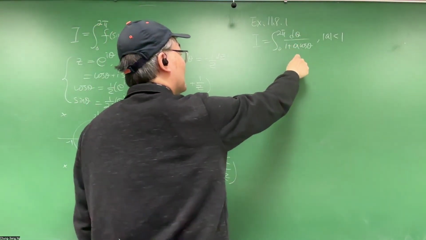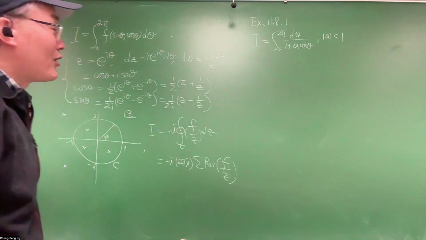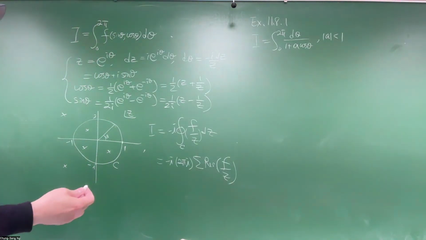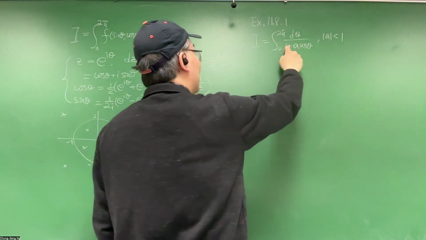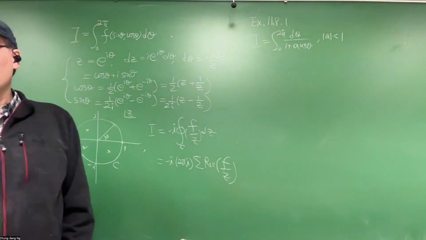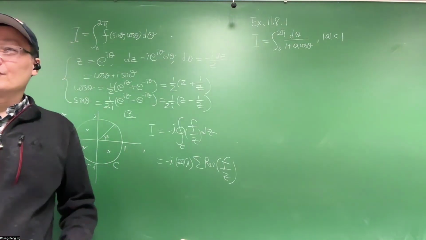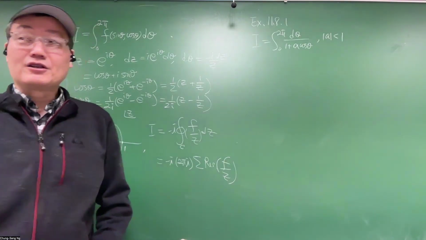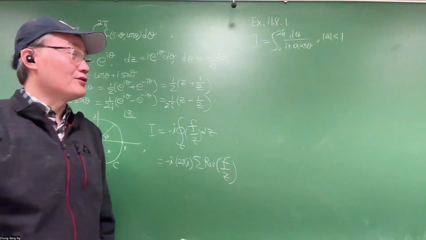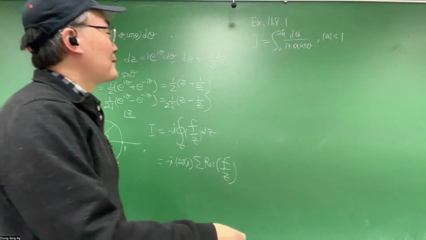So the magnitude of a has to be less than 1 in order that the denominator is not 0. If it's 0 along the path, then it's singular, the integral is not well defined, and you get into trouble.